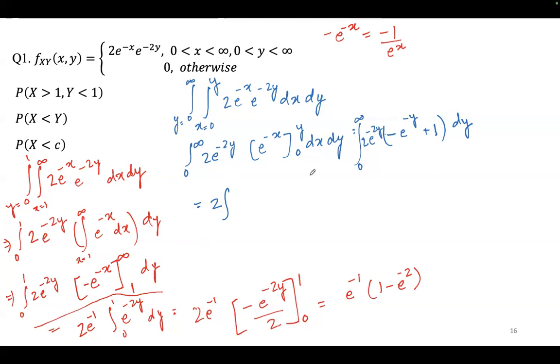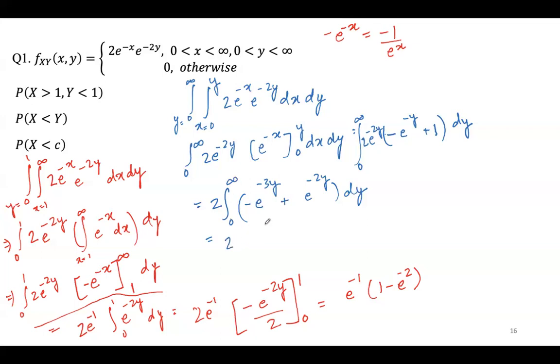So this 2 comes here. This is going to be minus e to the power minus 3y plus e to the power minus 2y, and it's going to be dy, from 0 to infinity.